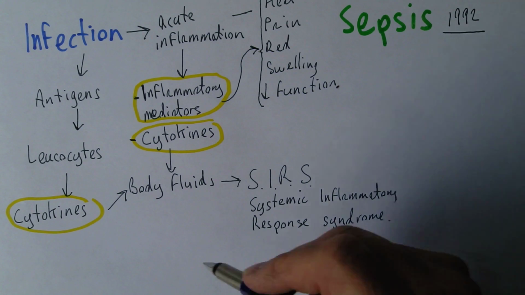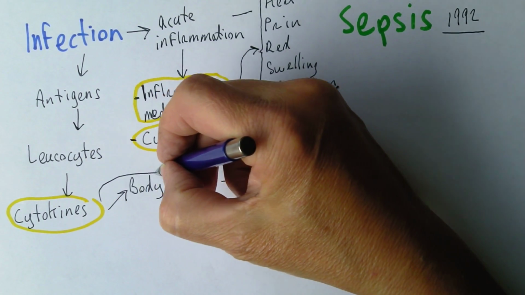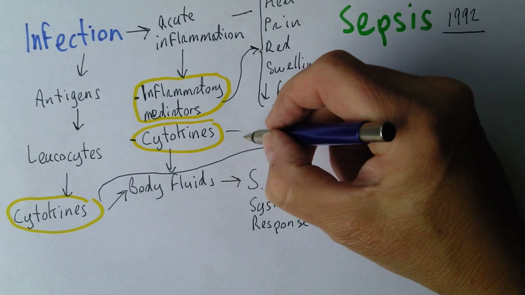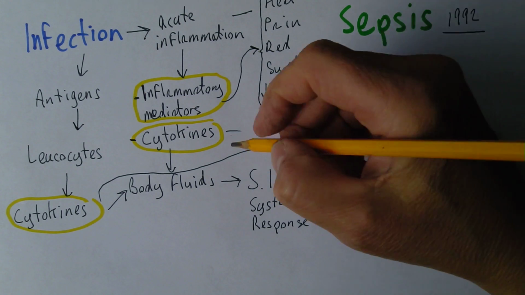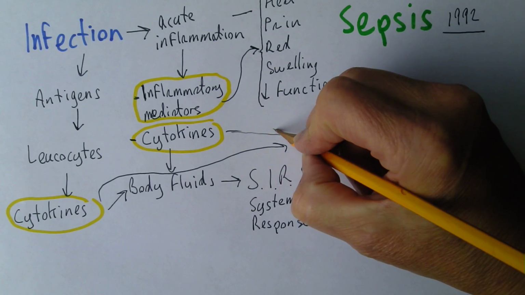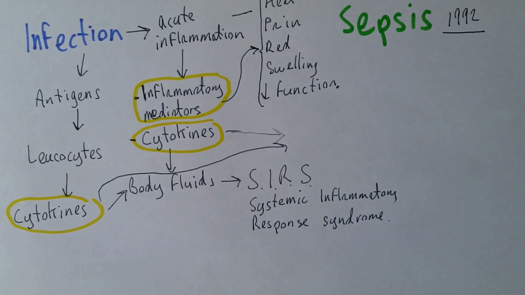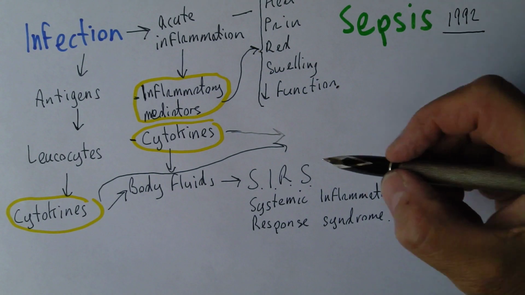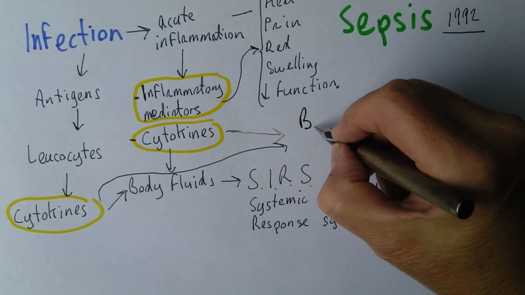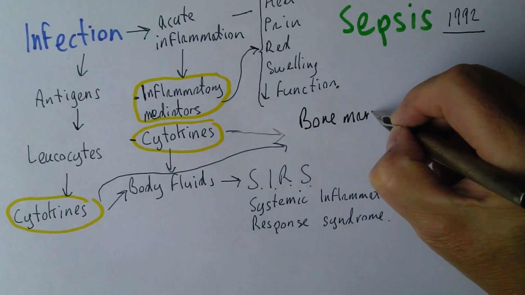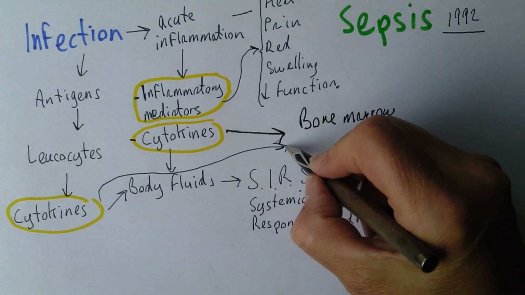So we've noted that there's going to be these cytokines. There's going to be cytokines from here, cytokines from here. So there's going to be two lots of cytokines. And these are going to affect various tissues. For example, they're going to affect the bone marrow.